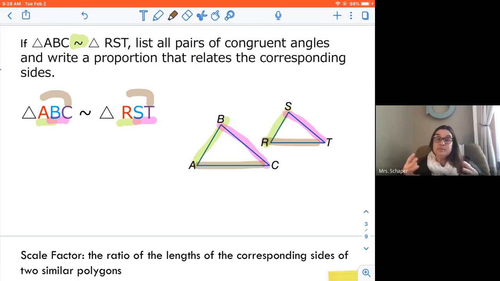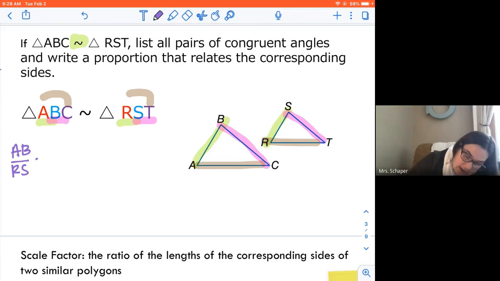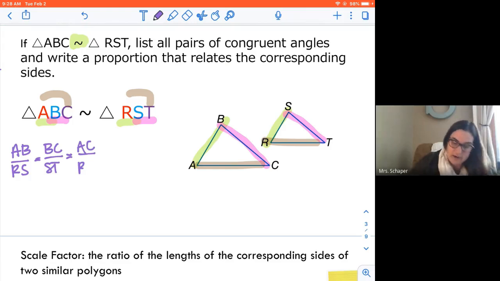So this helps me see the sides that are proportional. So I'm going to say that AB is to RS as BC is to ST as AC is to RT. All right. Now looking at that, those are all proportional. That's what the equal sign means.